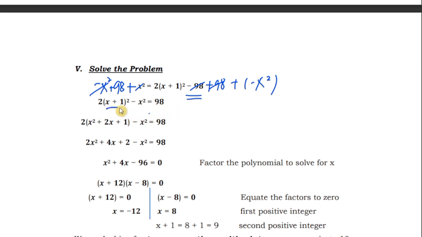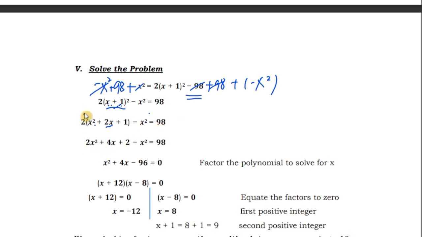Expanding this in our special product, we have 2 times the square of x, which is x squared, plus twice the product of the first and the second term, x, twice of it is 2x, then the square of the second term, which is 1, minus x squared is equal to 98.